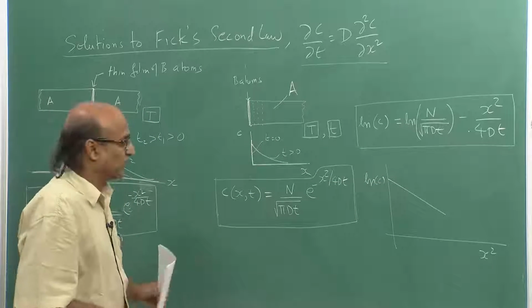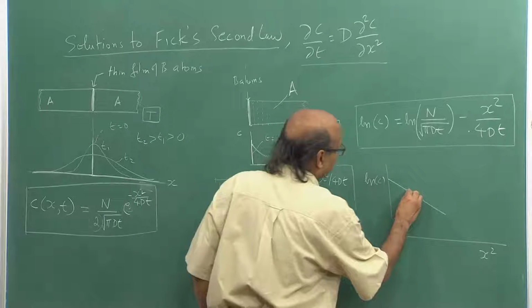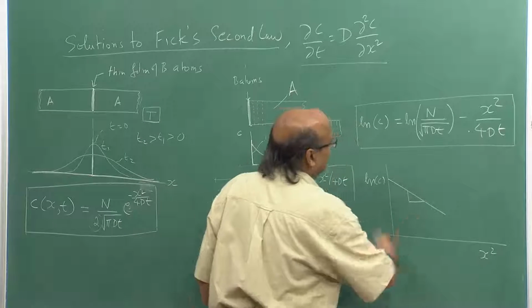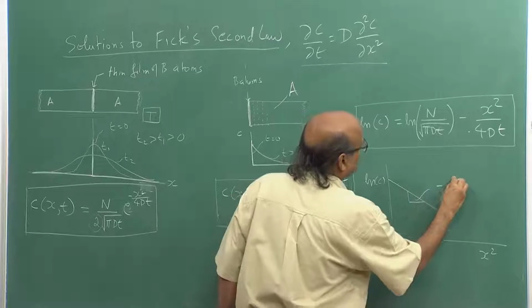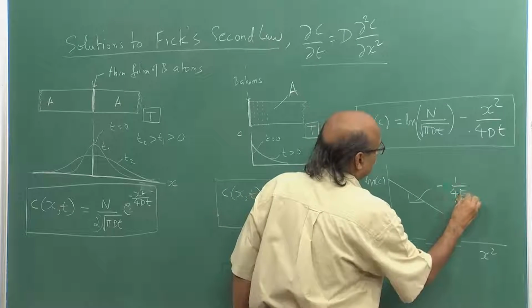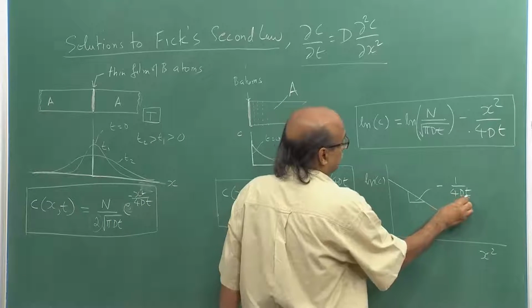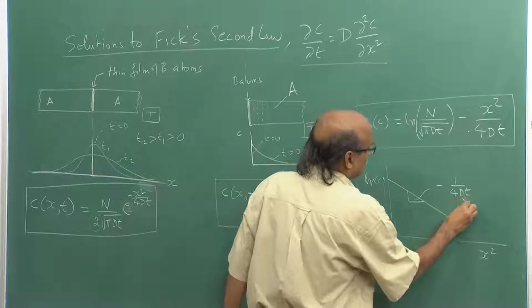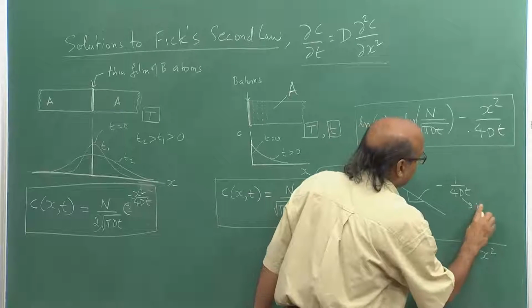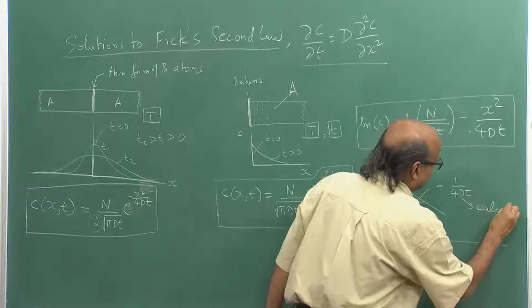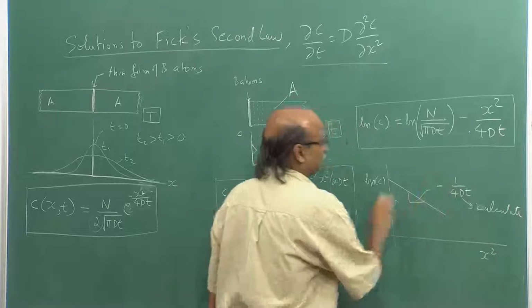The slope of the line clearly would be minus 1 upon 4Dt. From this slope, I can measure or calculate the diffusion coefficient.